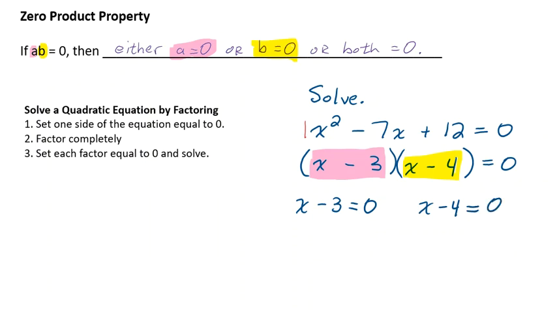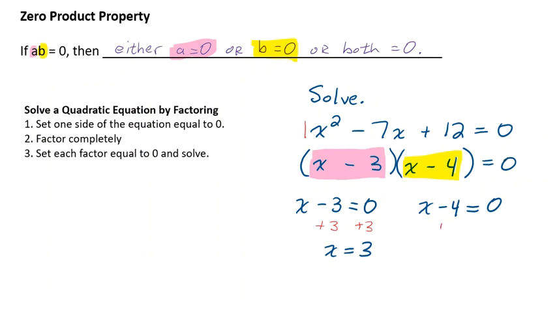Now, what value of x will make x minus 3 be 0? We could kind of do that in our head, but if we couldn't, we could just add 3 to both sides. And we see if x is 3, then this factor will come out to be 0. Now, if x is 3, this factor is going to come out to be negative 1. But it doesn't matter, does it? Because it's going to be 0 times negative 1 is 0, so that would work.